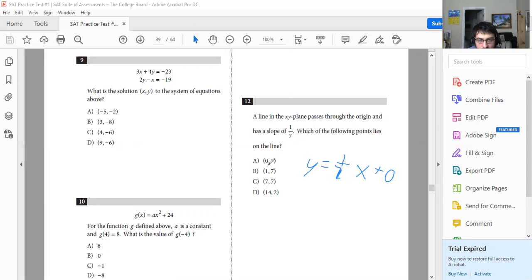If you plug in 0 for x, you get 0. You plug in 1 for x, you should get 1 over 7. Plug in 7 for x, you should get 1. If you plug in 14 for x, you should get 2. That means D is our answer.